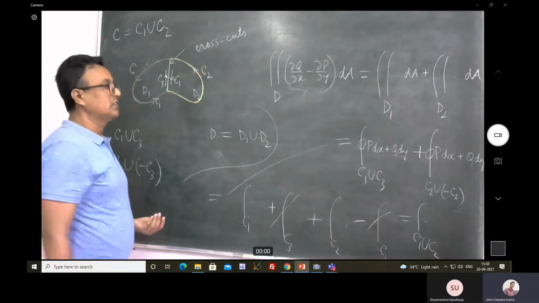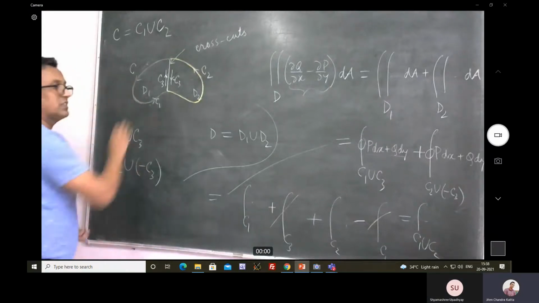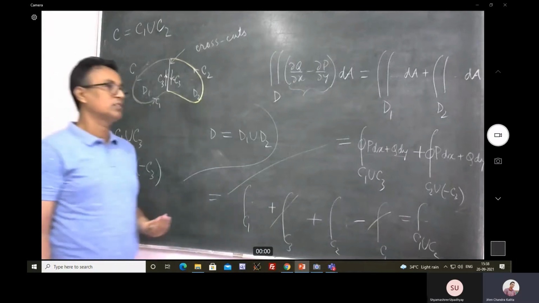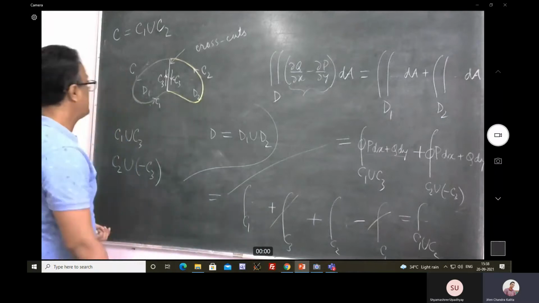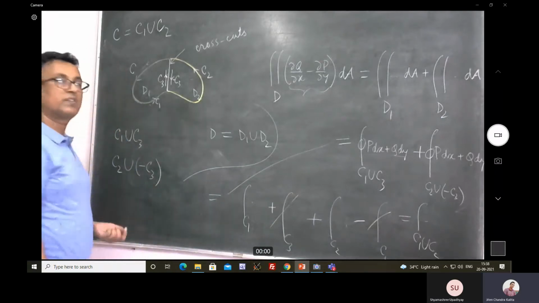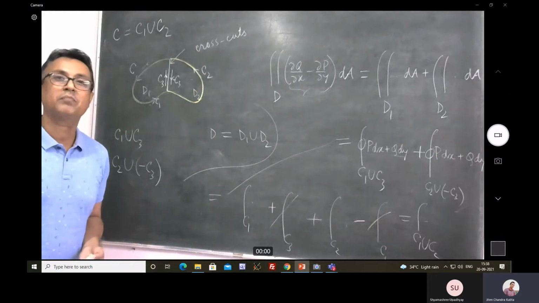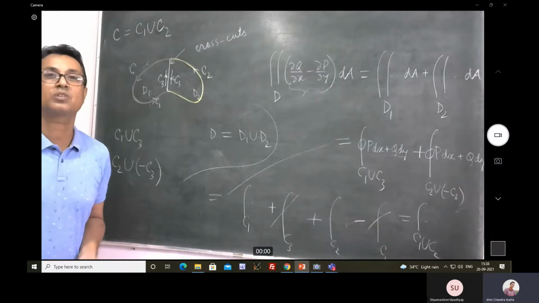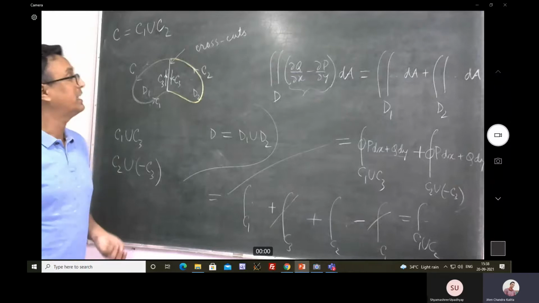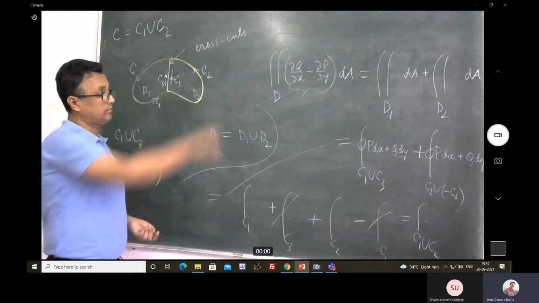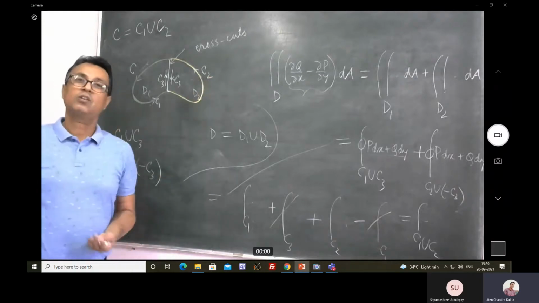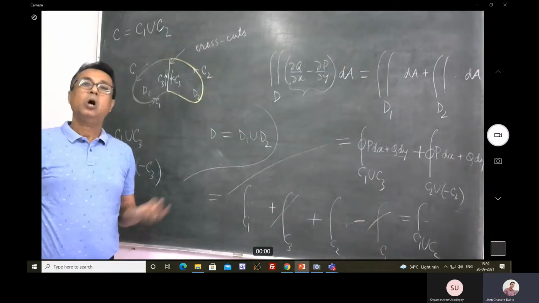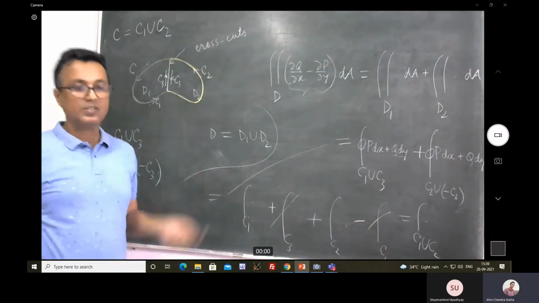So that means whether the region is simple or not, if we have a region bounded by a positively oriented, piecewise smooth, simple closed curve, then Green's theorem you can always apply. So this is the first thing.